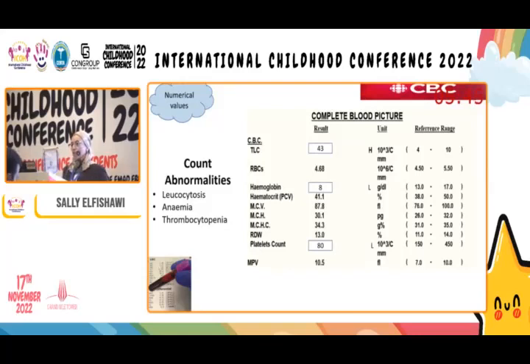When you see this case, the first thing that should trigger you, whenever you see a white blood cell abnormality, is that you should never, ever go lightly with an increase in the total leukocytic count.